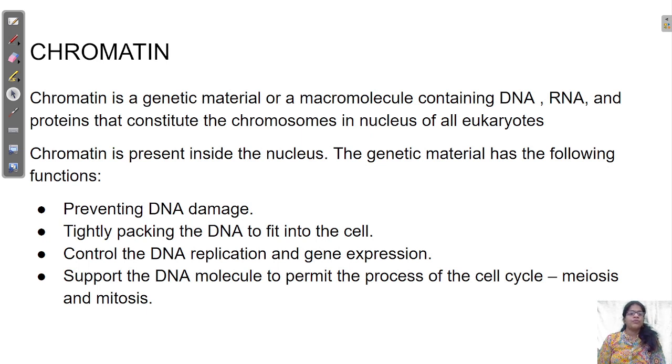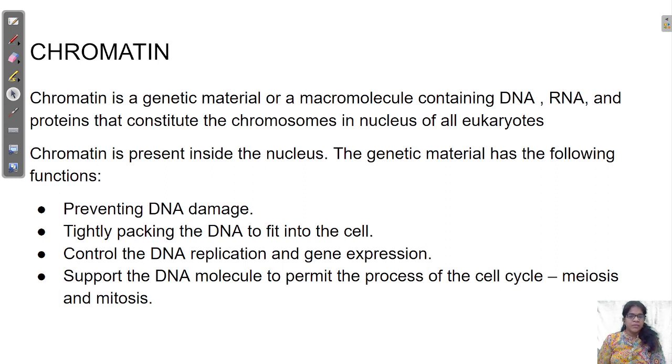The proteins present along with the DNA and RNA are the histone proteins. I will tell you in the next class what nucleosomes are, how the DNA wraps around them, and what the types of histone proteins are. These are called the chromatin structures, present in the nucleus of all eukaryotes. Chromatin mainly contains the genetic material, which is important for you to pass on through generations.